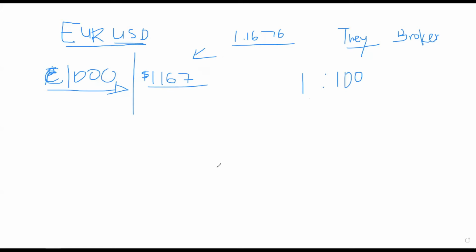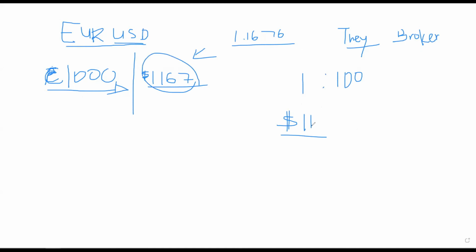So they will say, okay, fine. You will only need, and then they will divide whatever that amount is by hundred. Let's say you get $11. And then they're going to say, you don't have to give me this amount, just give me this amount. That's leverage right there, because now they are leveraging you.